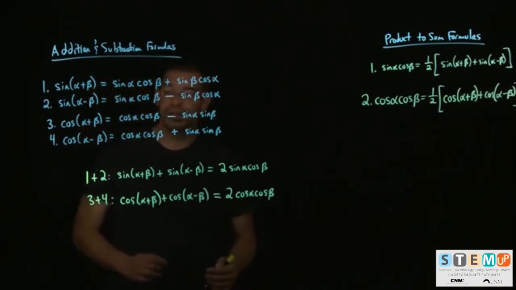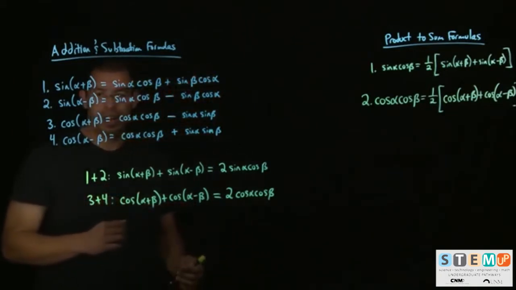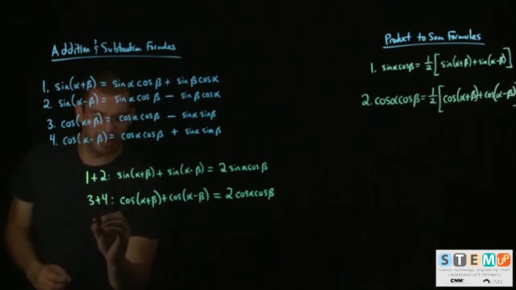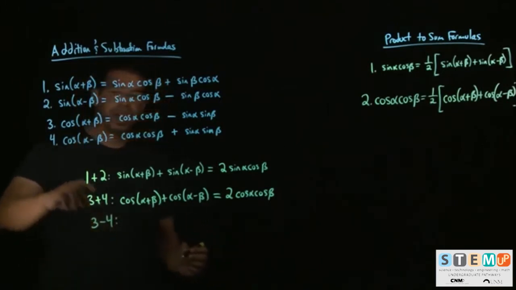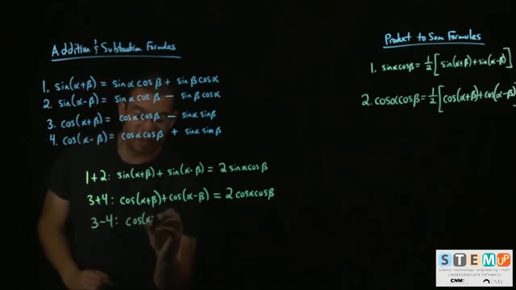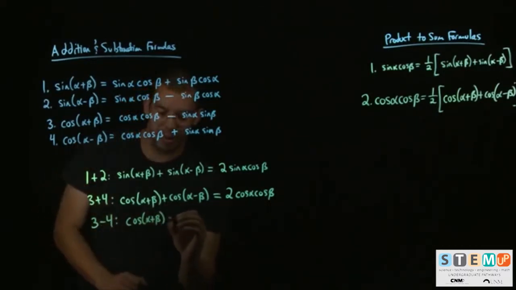There's two more. So let's look at this and see what's going to happen. These last two are a little bit less intuitive, but not too bad. So 3 minus 4. What am I going to have? I'll have cosine of alpha plus beta. Again, we're subtracting the fourth equation from the third.